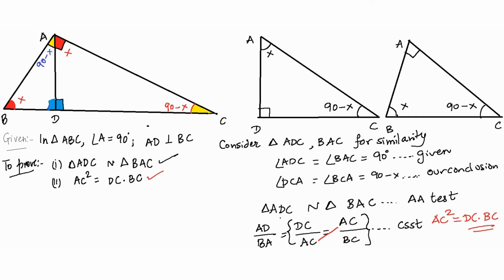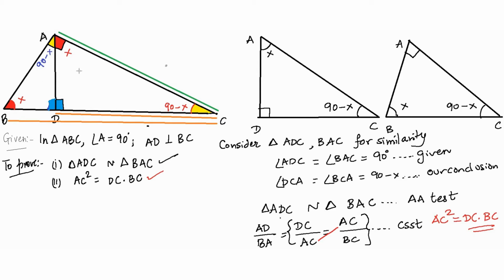So again, let me show you what is shown in this question. AC square, that is this particular side square, is equal to DC multiplied by BC, right? This is what we have proved in this particular question. So again, I would like to pause for a minute or so for you to grasp these angles.